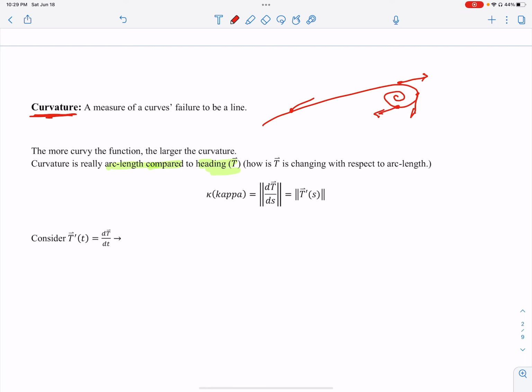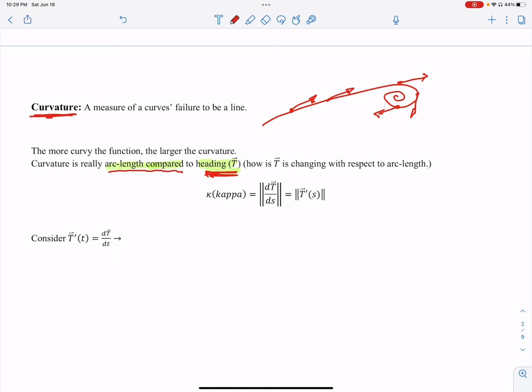But over here, the unit tangent vector probably is the same. So that's what they mean by heading, is that the tangent vector changes. If it changes a lot compared to a small arc length, that tells us something. So the larger the number, the larger the curvature, the curvier it is.